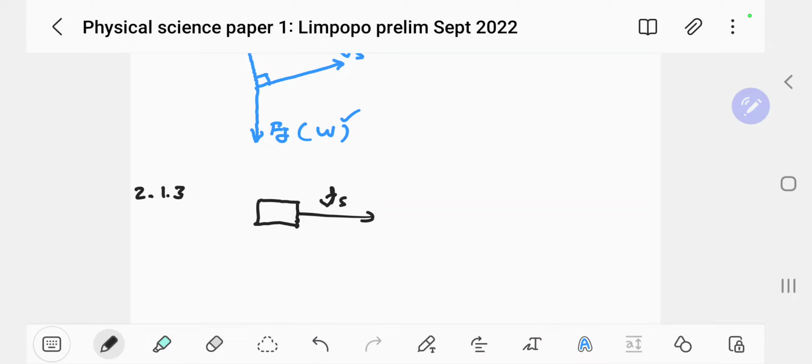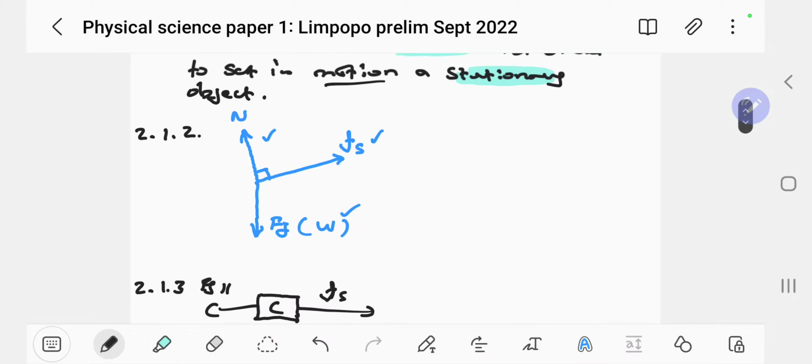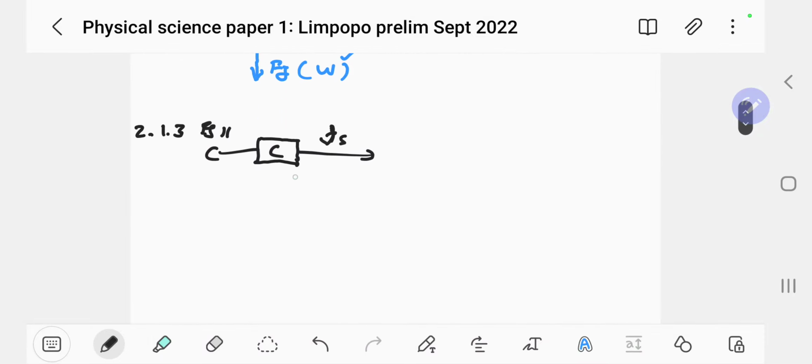Now we want the acceleration of this as a unit with that one, so we can use these forces to our advantage, because we will have the mass of this crate included here. Second law says the resultant force is equal to ma. But for us to be accelerating, this force must be bigger than that. So we must have Fs minus Fg parallel equals ma.